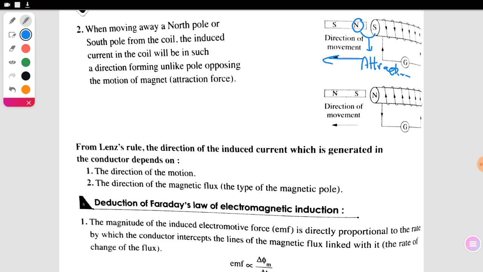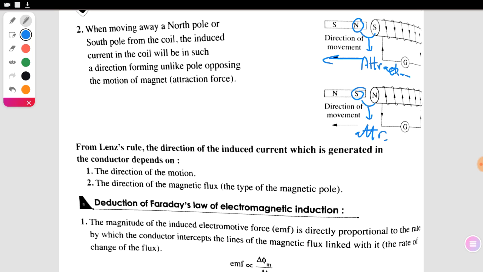When we move out the south pole, a north pole is formed and an attraction force is produced. This means that when we approach the coil, the same pole is produced; when we pull it away, we observe the opposite pole is produced.